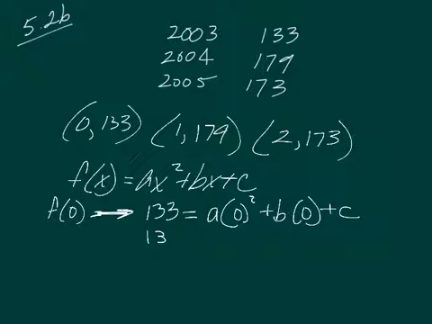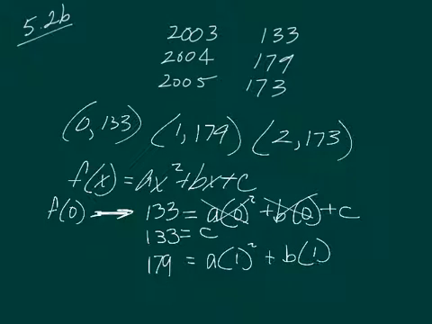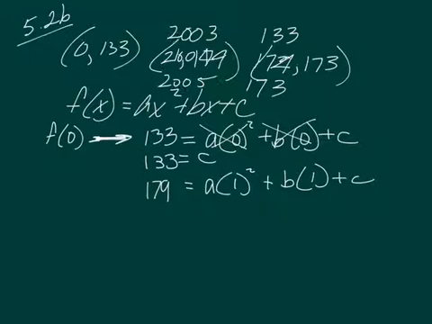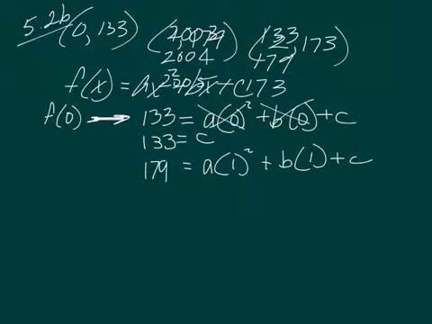So 133, the other terms go away, and that gives me c. For the first year and 179 million, I'm going to get 179 million equals a times 1 squared plus b times 1 plus c. And that gives me a plus b plus c equals 179.